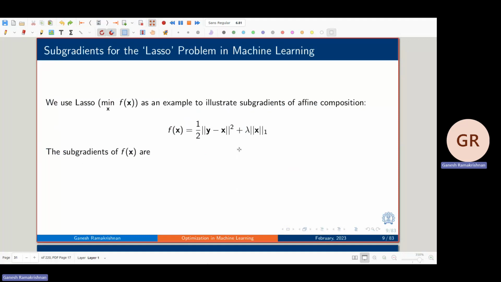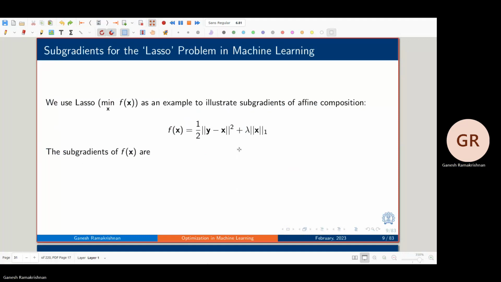So what will you get there? The first term, norm y square will disappear, right? Norm x square will have a 2x, and x transpose y will have y. Sorry, I'm no y.